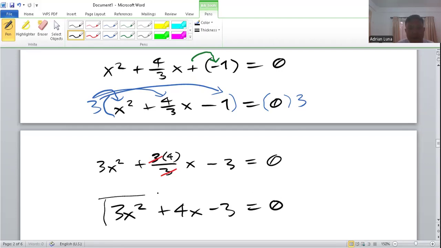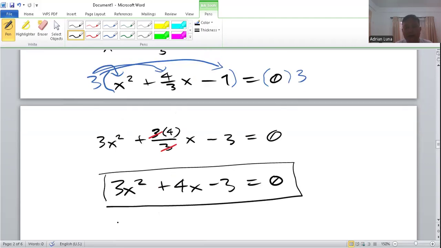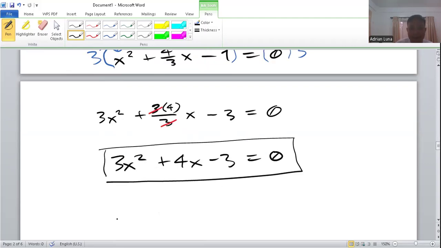So ito na yung quadratic equation natin, wherein the value of our a is equals to 3, value of our b is equals to 4, and the value of c is equals to negative 3.